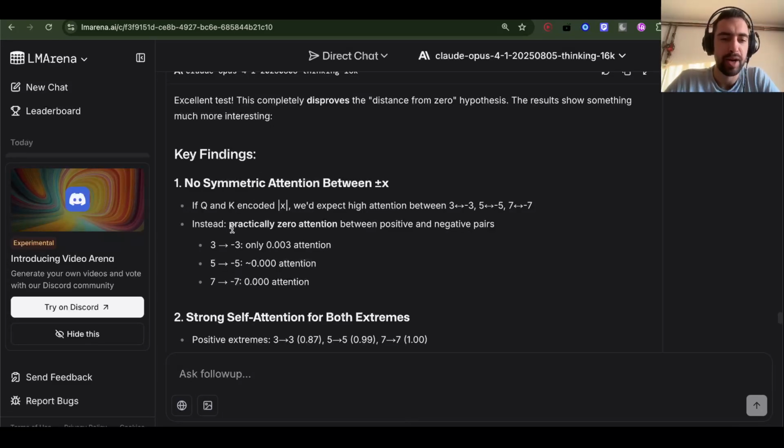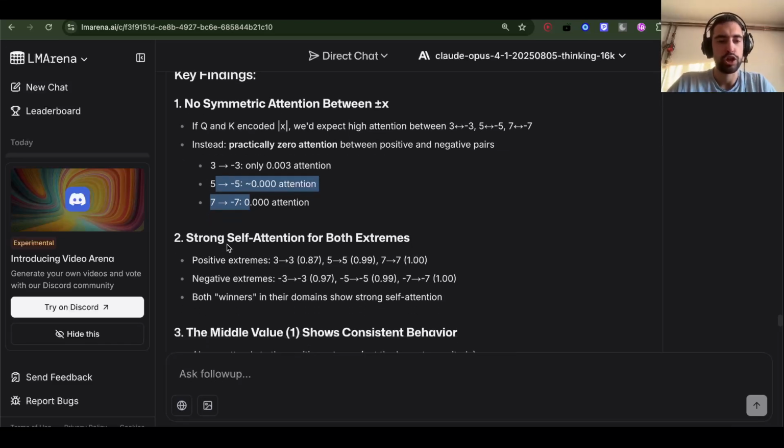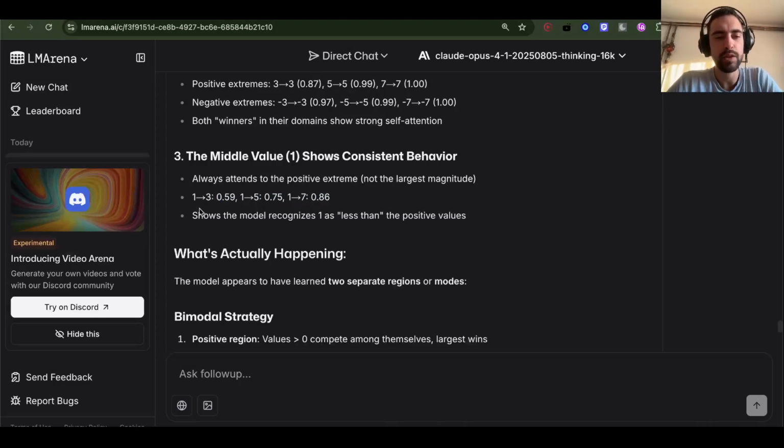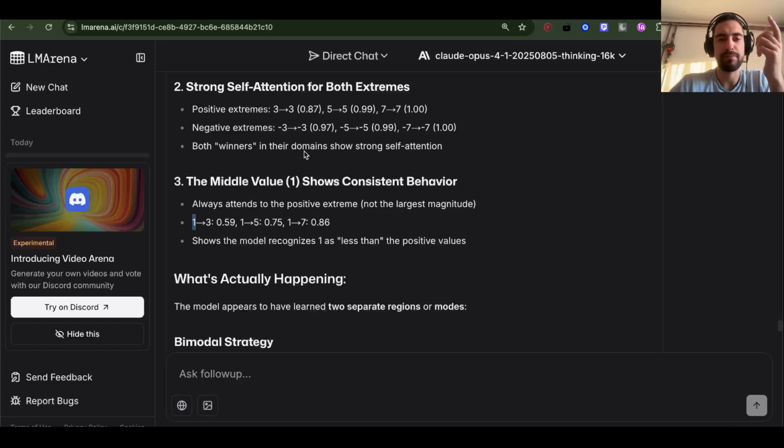Here's what we see. We see practically 0 attention between positive and negative pairs. So 3 gives almost 0 attention to -3, and the same for the other ones. And then strong self-attention for both extremes. But the middle value 1 gets less attention than the extremes. So the model is recognizing number 1 as less than +3, +7, but also as less than -3, -7.